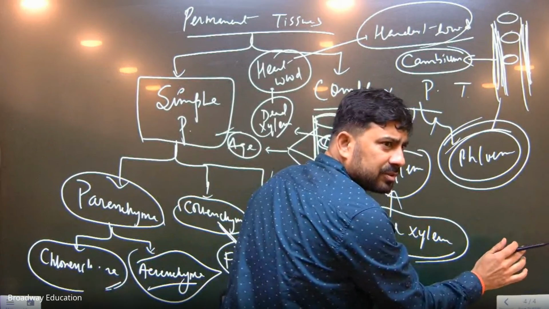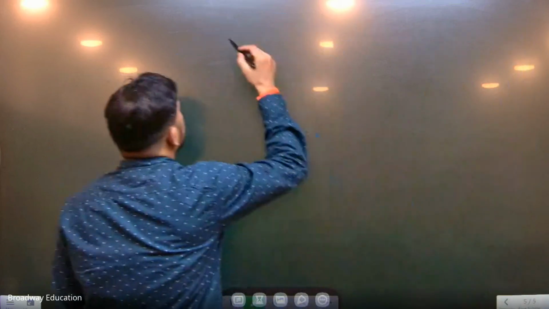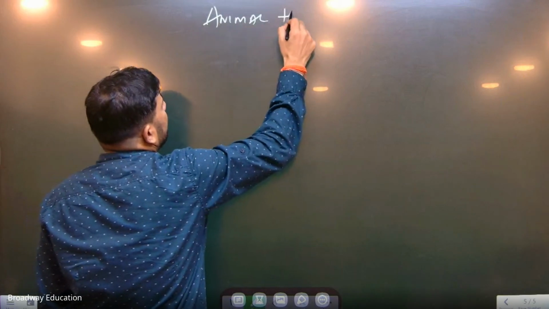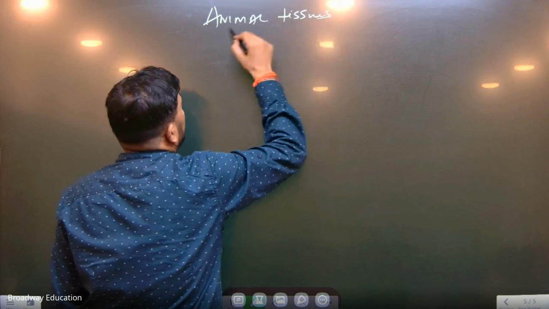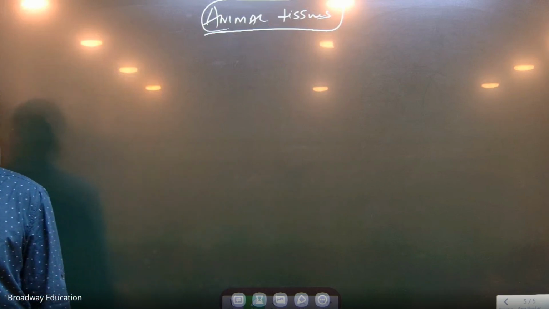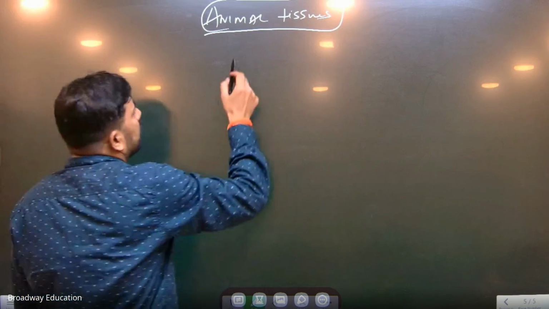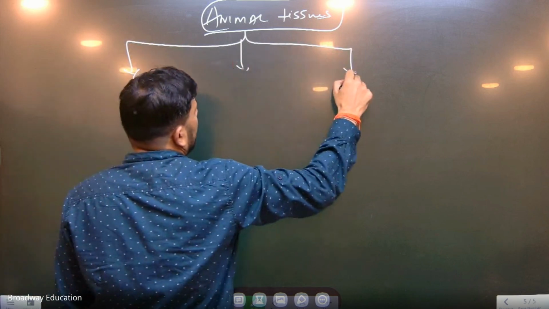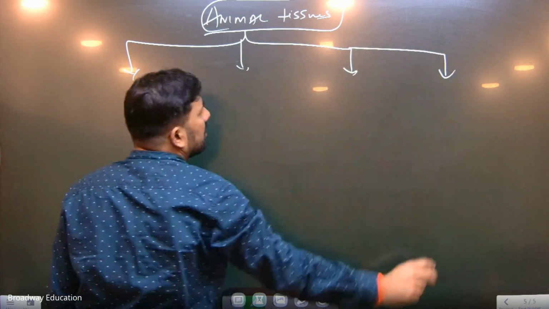In the plant tissues. Now after this, I discussed about the animal tissues. In the animal tissues, I discussed about various types of tissues which are found in animals. Okay, and these tissues I classified into how many types? Four types.